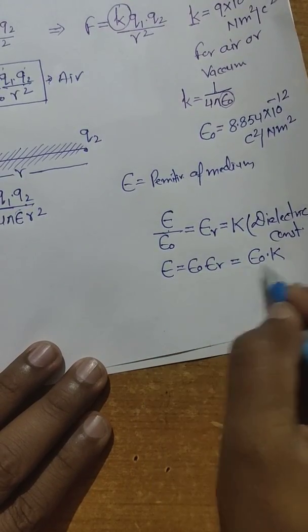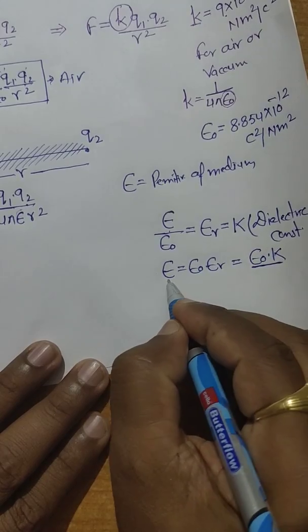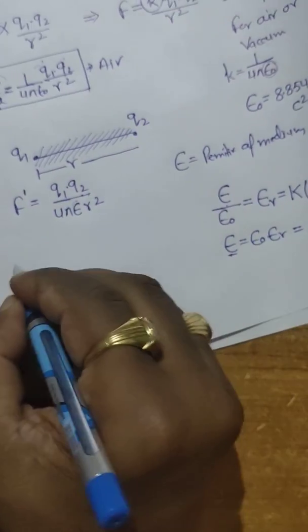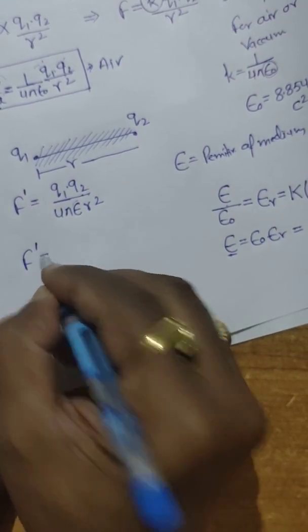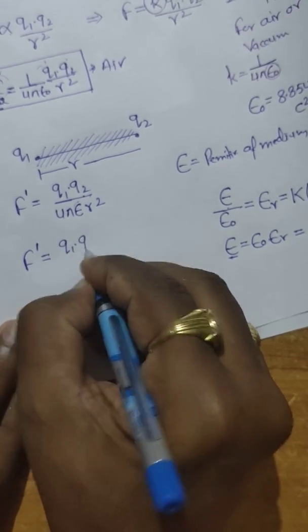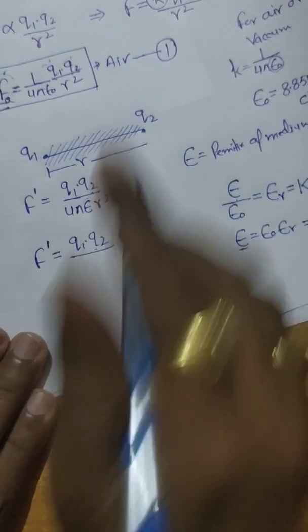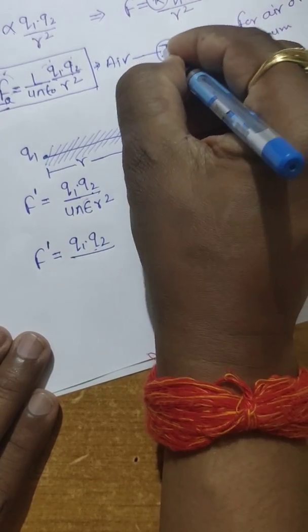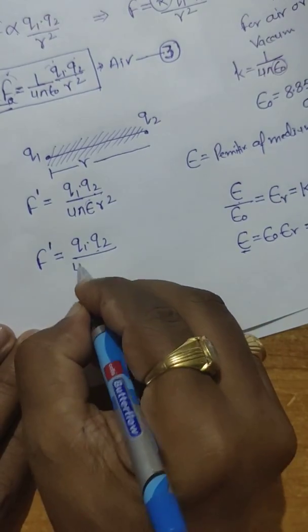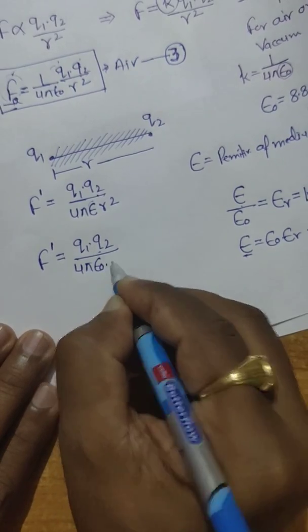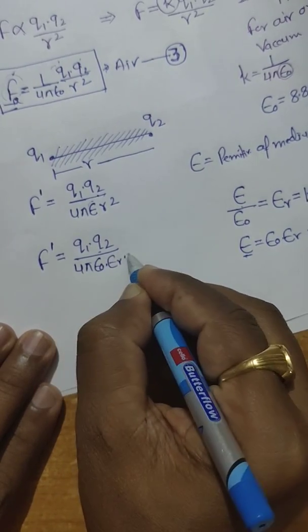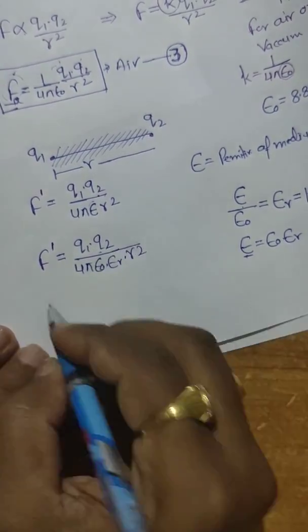Now we put these two values in this formula. So we get F dash is equal to Q1 Q2 upon 4 pi epsilon 0 into epsilon R into R square.